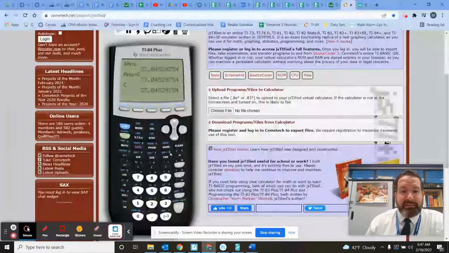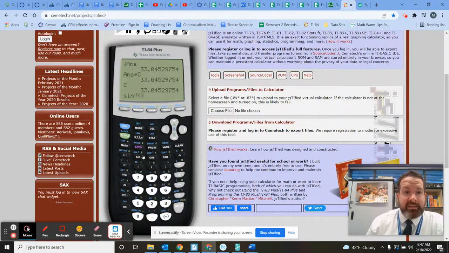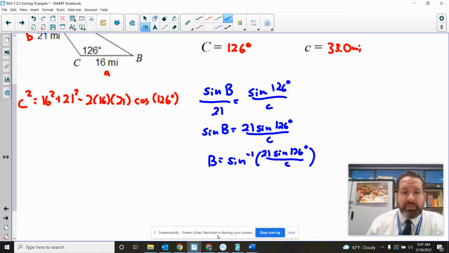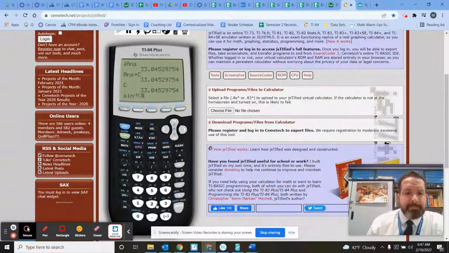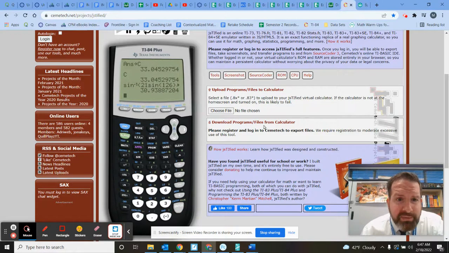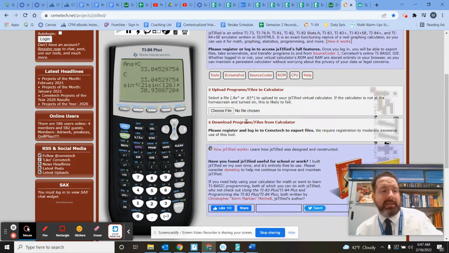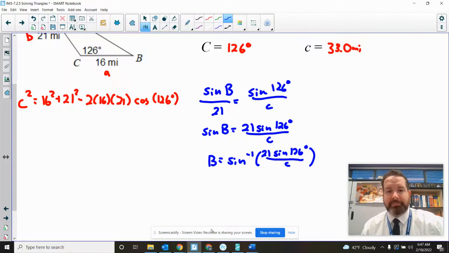So back to the calculator. I want now the inverse sine of 21 sine 126, close off the sine, divided by this c value, which I can now just press as alpha c. Close off the inverse sine, and let's see what we got. That looks to be about a 30.9 degree angle.